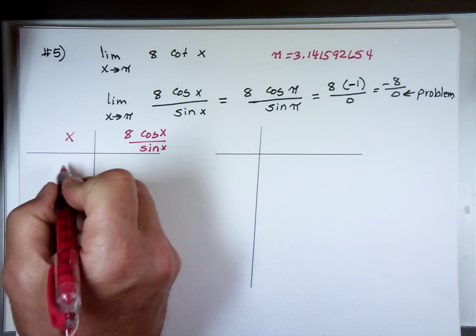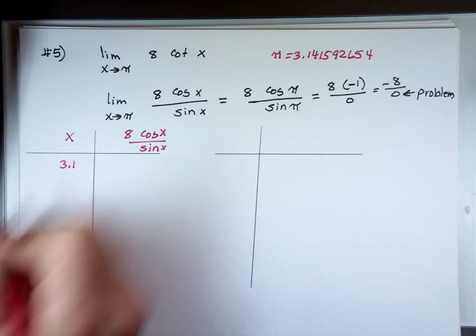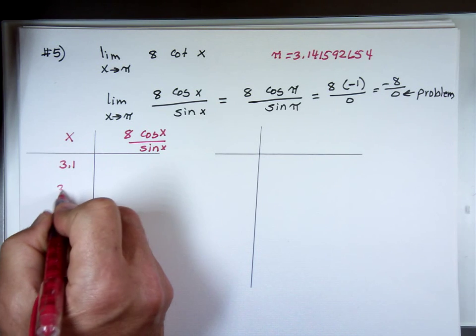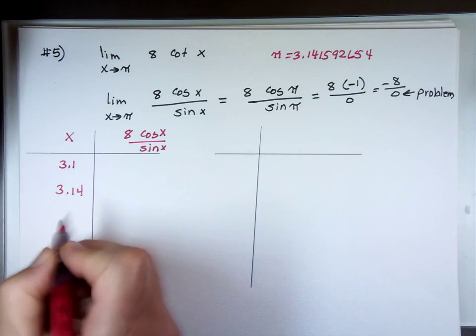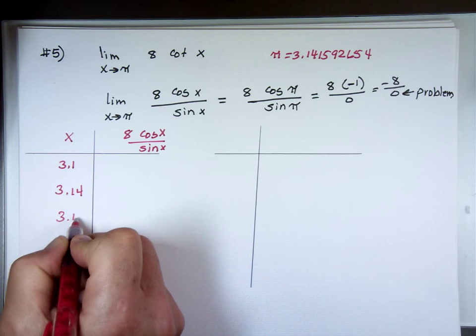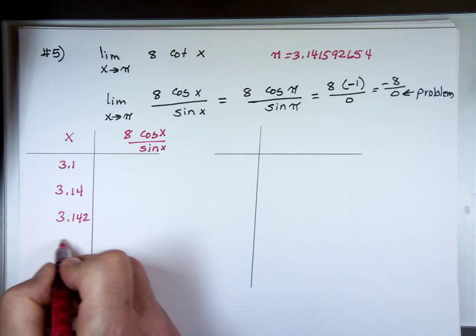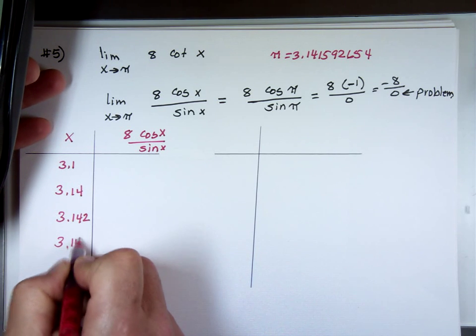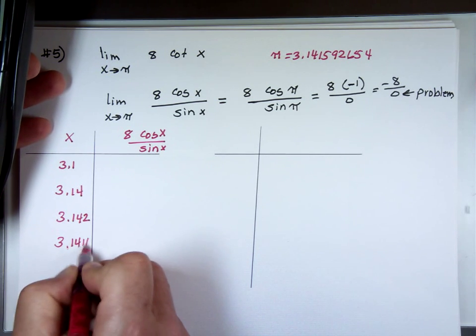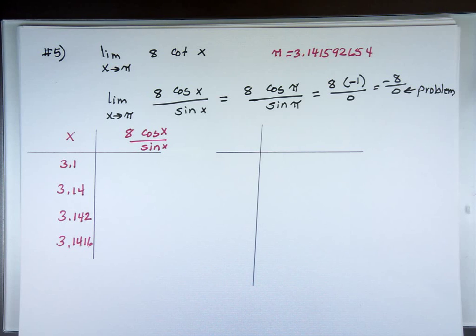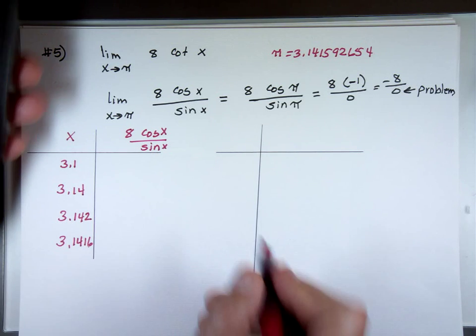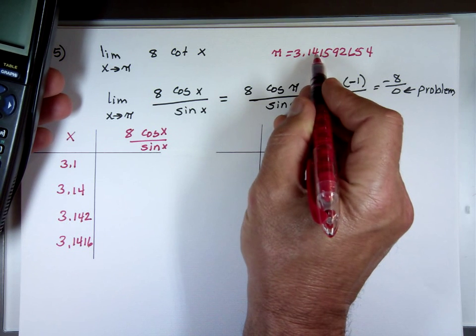How about 3.1? How about 3.14? How about 3.141 or 3.1416? Notice I'm getting closer and closer, and see what the answer is going to be. And from the right side, it's going to be bigger than this.